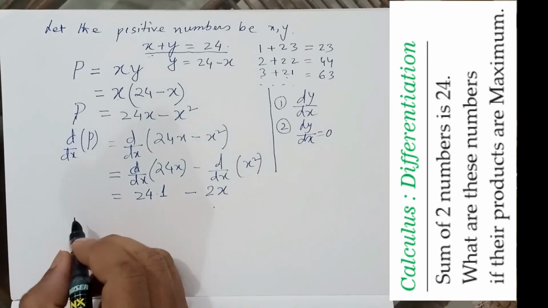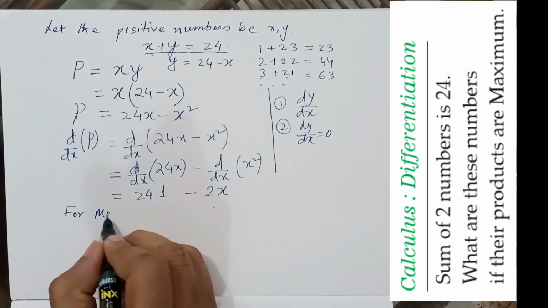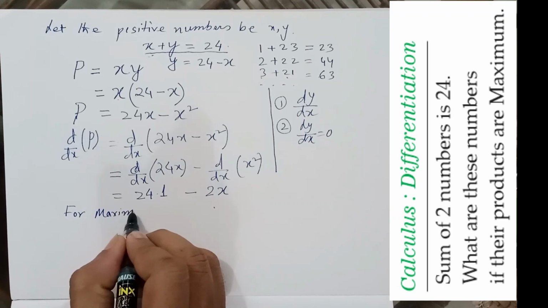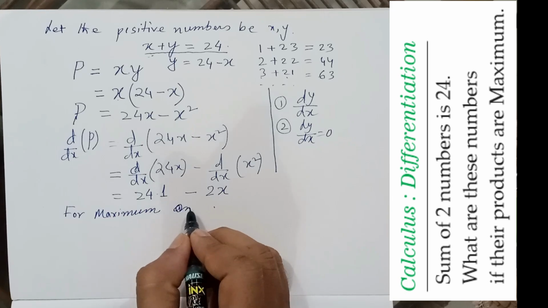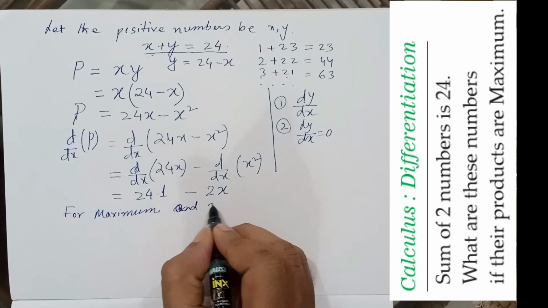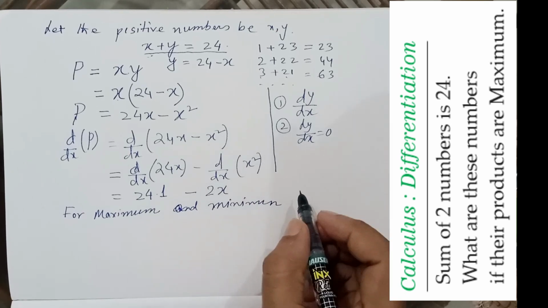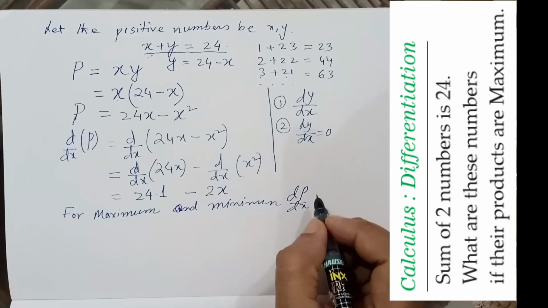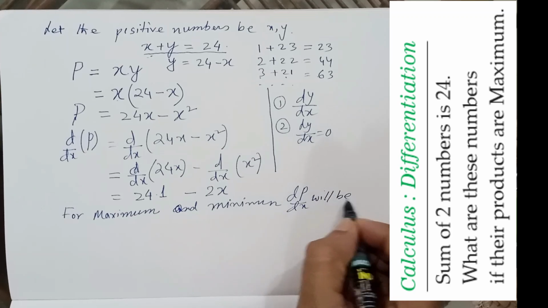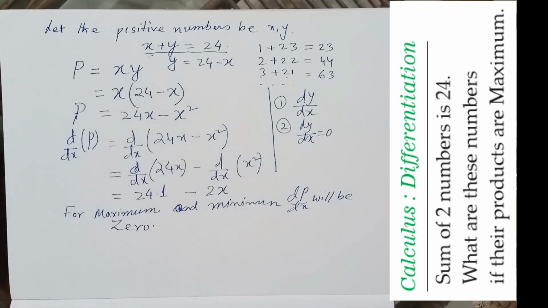So we have to write: for maximum and minimum, dP by dx will be 0.